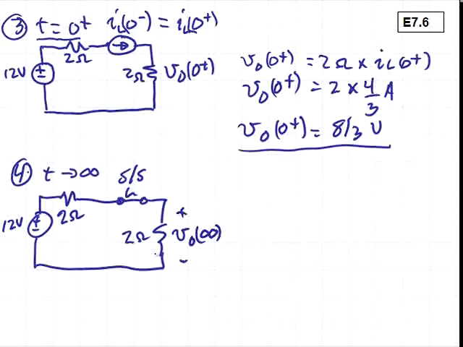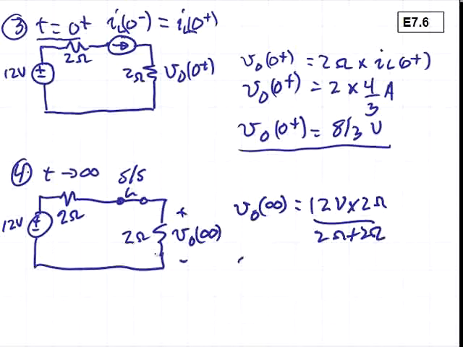So we now want to determine this VO at infinity. This will be the 12 volt source times 2 ohms divided by 2 ohms plus 2 ohms, a voltage divider relationship, or VO at infinity is equal to 6 volts.